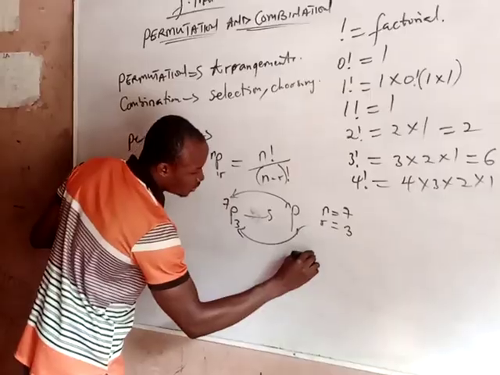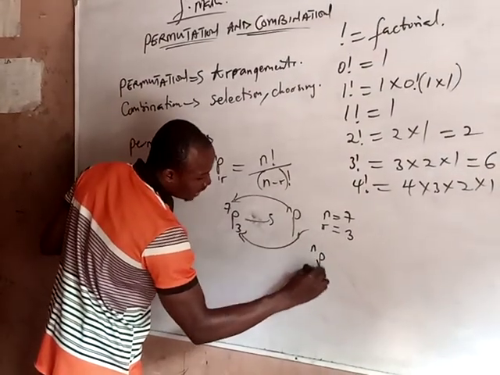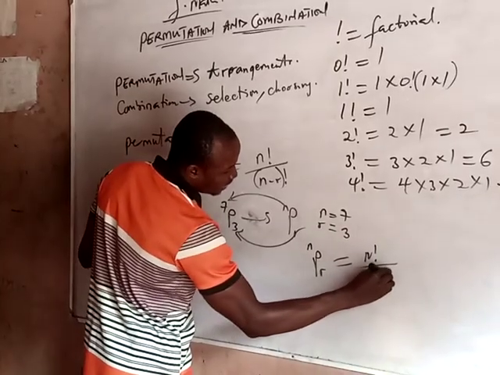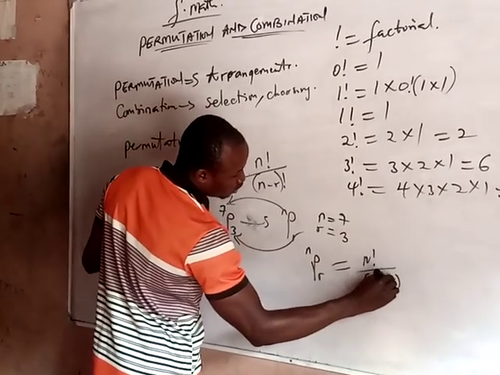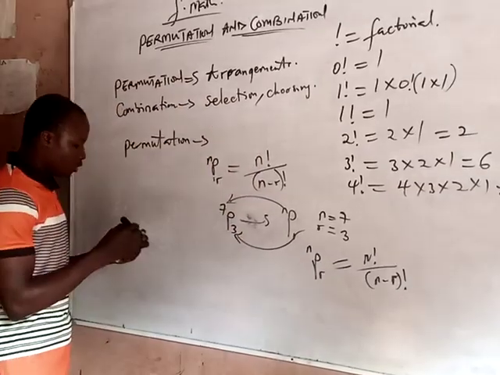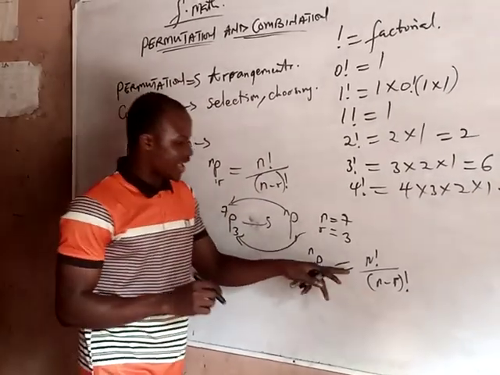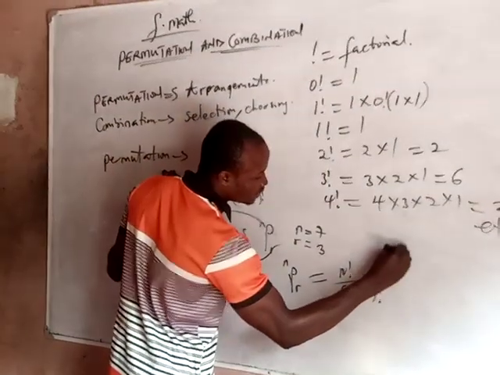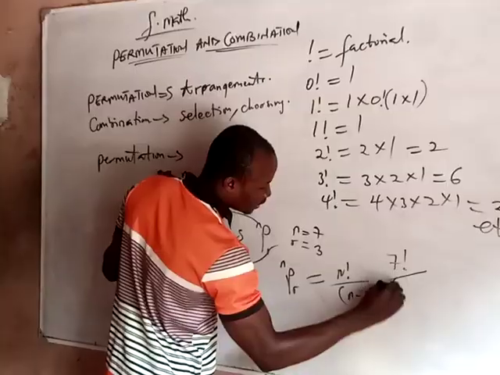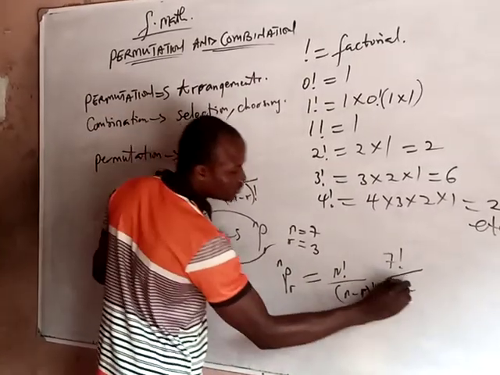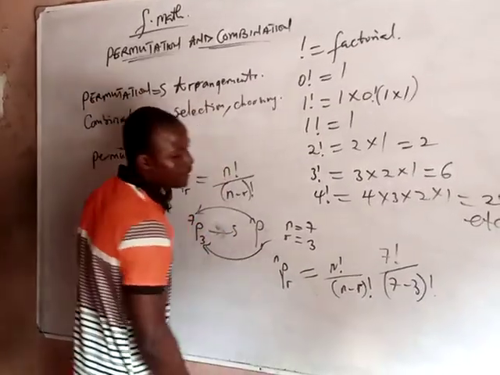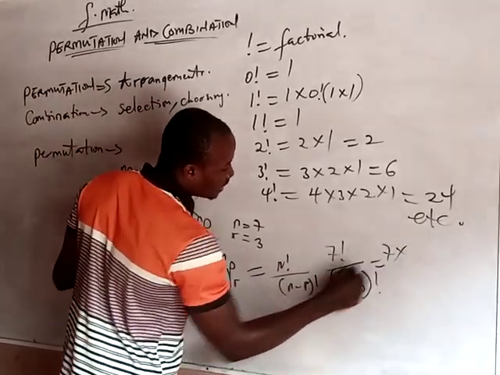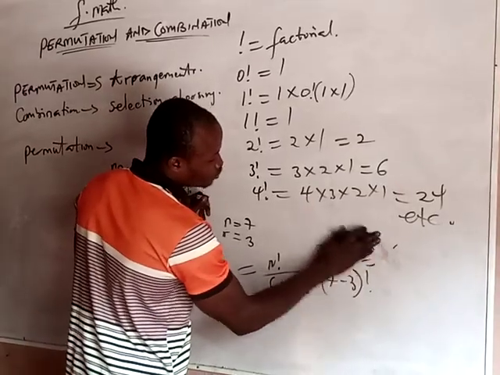Then apply the formula. nPr is equal to n factorial over (n minus r) factorial. We know that n is 7, so we have 7 factorial over 7 minus 3 factorial.